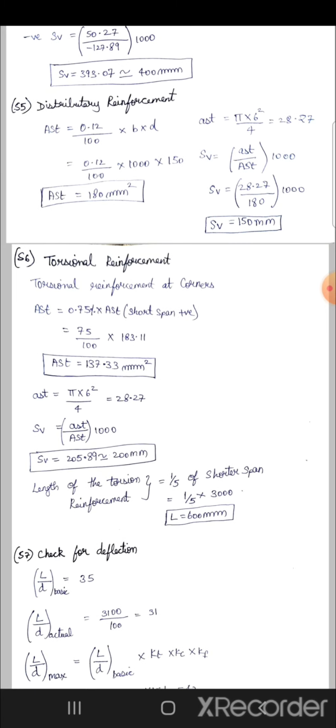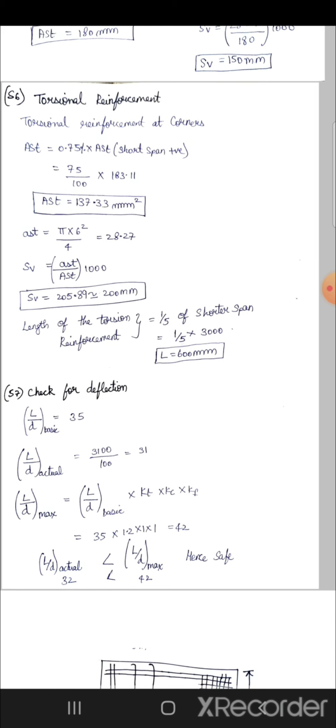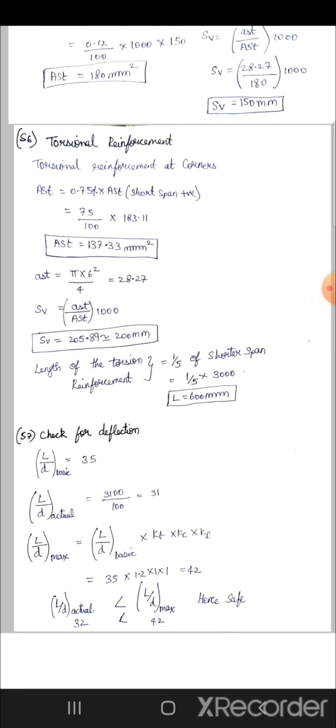Answer is 180 mm. Next step is torsional reinforcement. Ast formula is 0.75 times Ast of short span positive. Ast is 183.11. Calculating in this, we get 137.33 mm square.